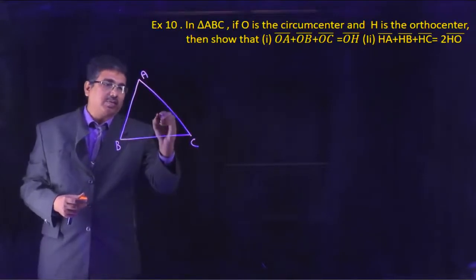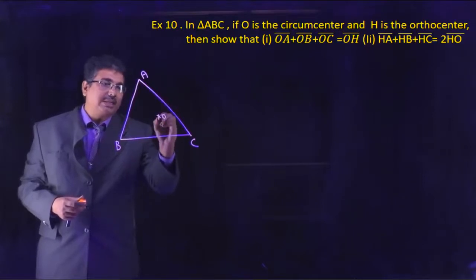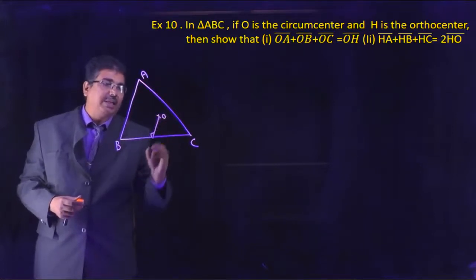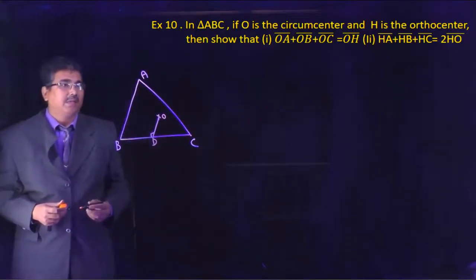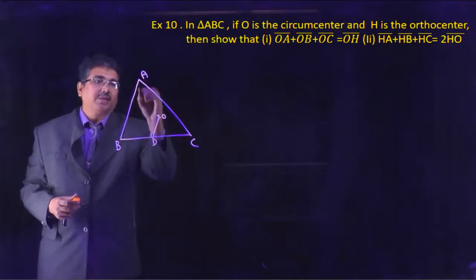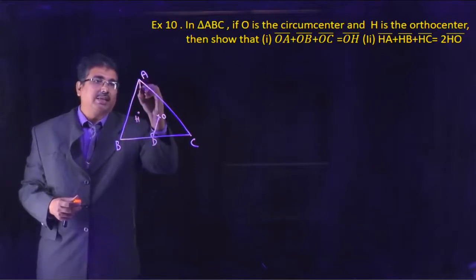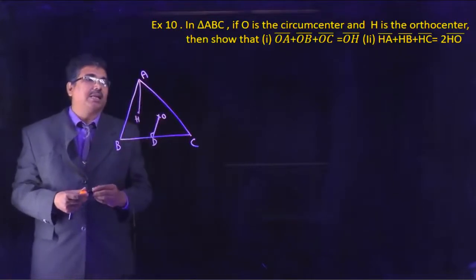Suppose O is the circumcenter; this is the perpendicular bisector of side BC. Suppose this is D. Now H is the orthocenter; suppose this is the orthocenter, AH.